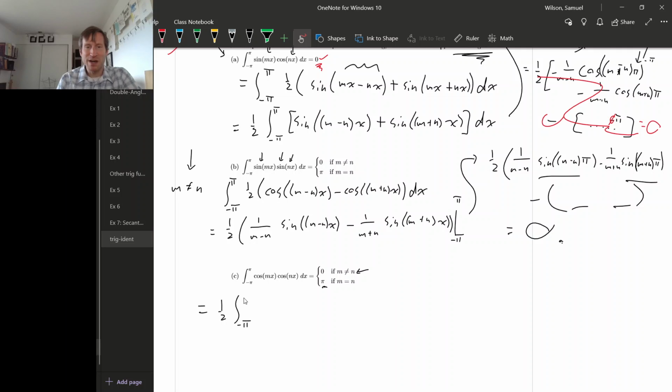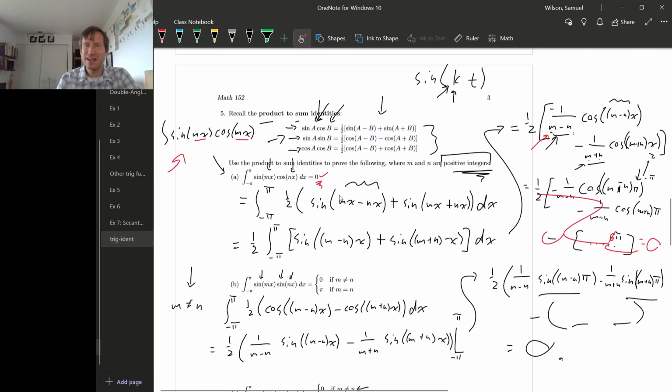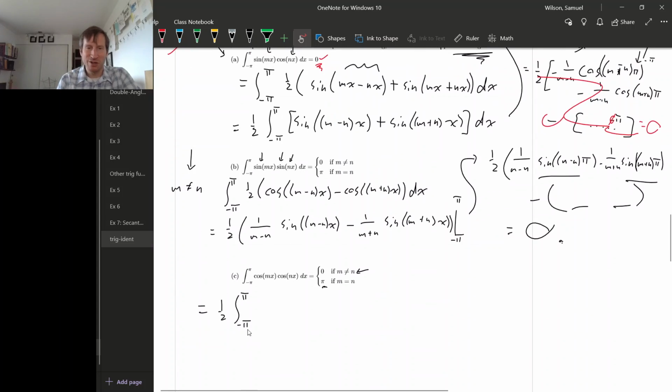Integral from minus pi to plus pi, and then the rest of the identity is cosine of the difference plus cosine of the sum. So cosine of the difference, m minus n times x, plus cosine of the sum, m plus n times x dx.